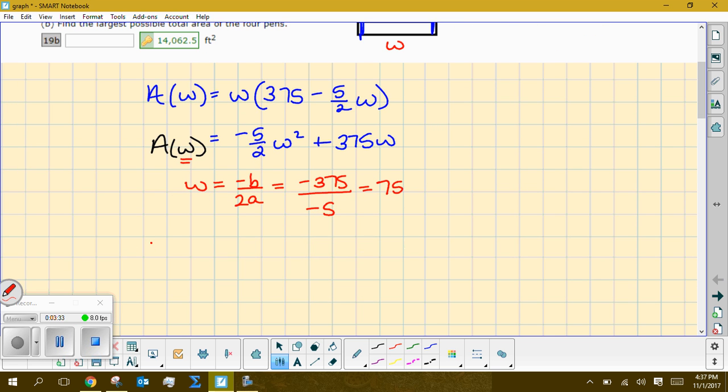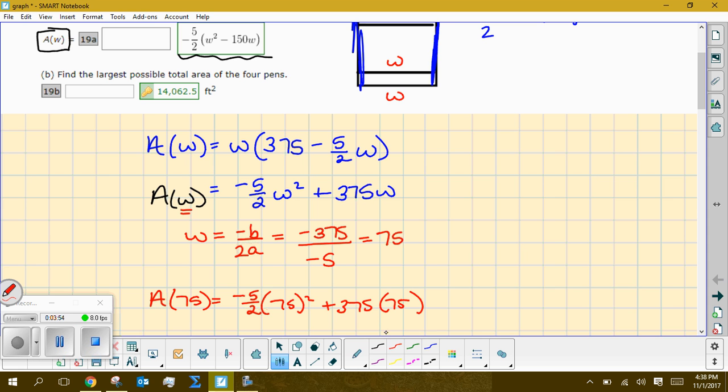All right, so I want to figure out what that maximum area is when W is 75. So take that 75 and plug that into the negative 5 halves W squared plus 375W formula. Go ahead and calculate that.